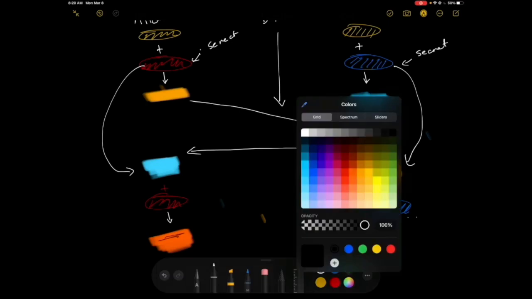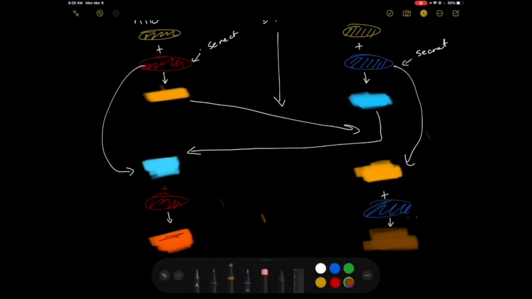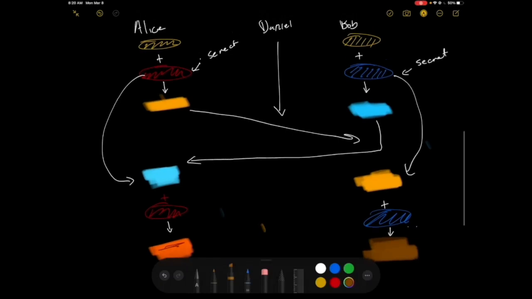And so that's the kind of mental model here, where you could have two people sharing information. Alice and Bob agree on a common color. Then they pick a secret color. They both pick independently. The other person doesn't know about it. They combine their common color and their secret color to get their new public color. And then they share their public color with each other.